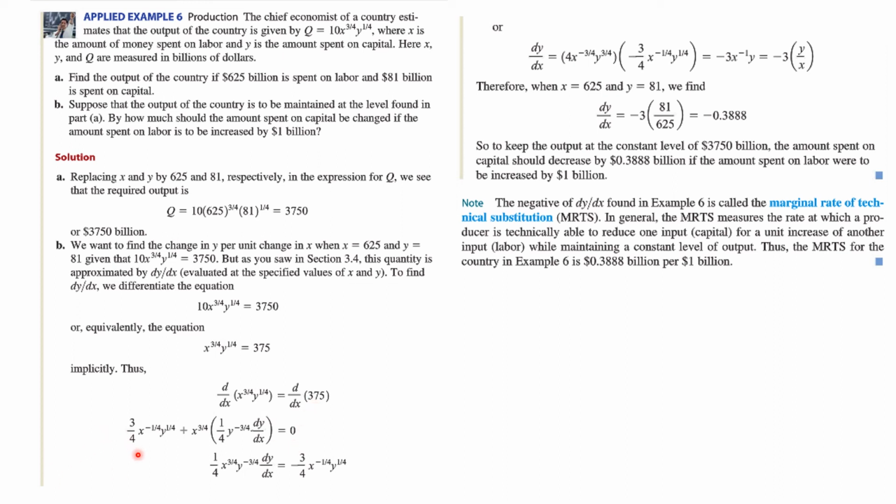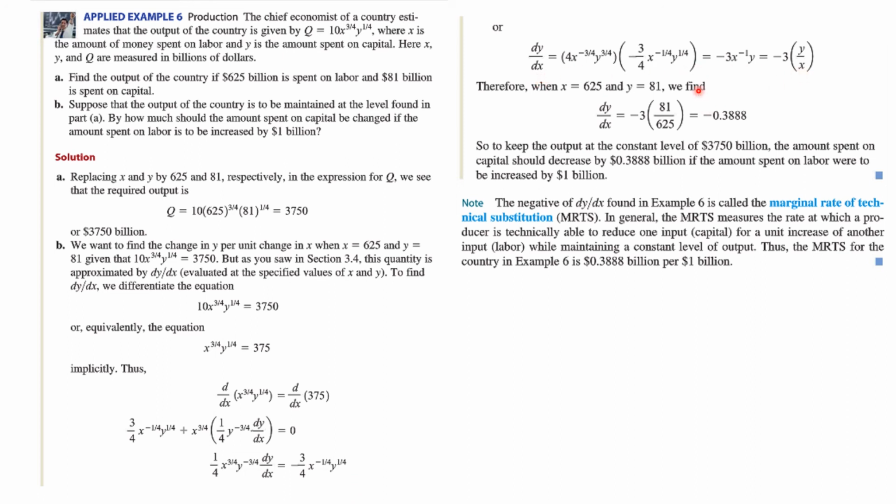So here, what I'm going to get is, I'm taking the derivative of the first, which is 3/4 x to the minus 1/4 times y to the 1/4, plus the first, x to the 3/4, times the derivative of the second, y to the 1/4. This is 1/4 y to the minus 3/4 dy/dx. Now this is an expression that I can solve for dy/dx, and I find that dy/dx is equal to this after I simplify.